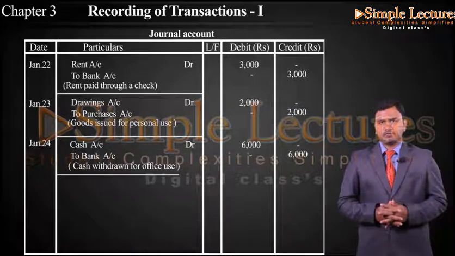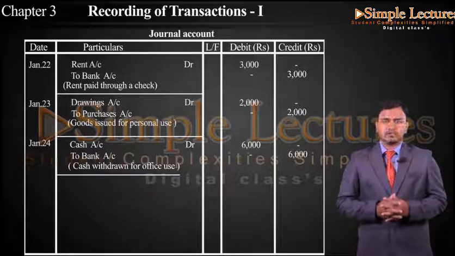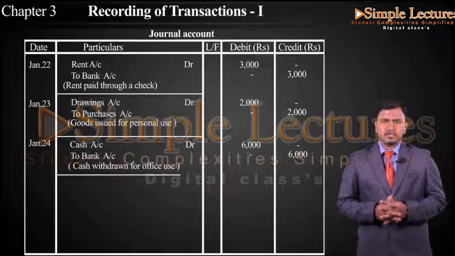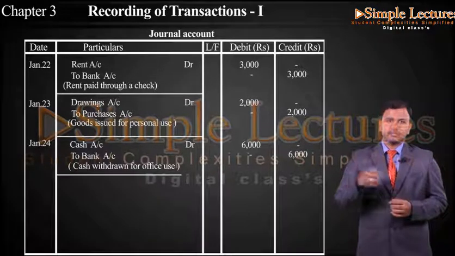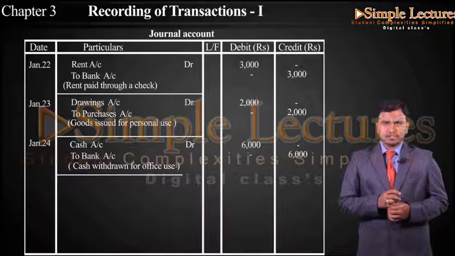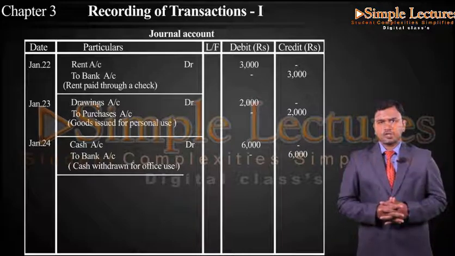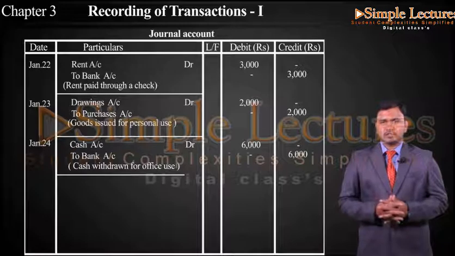Next transaction we have on Jan 26th: commission received, 1,000. When coming to the commission received, we are receiving a commission, which will be an income to the organization. Now when coming to income, again the nominal account rule applies here: debit all expenses and losses, credit all incomes and gains.